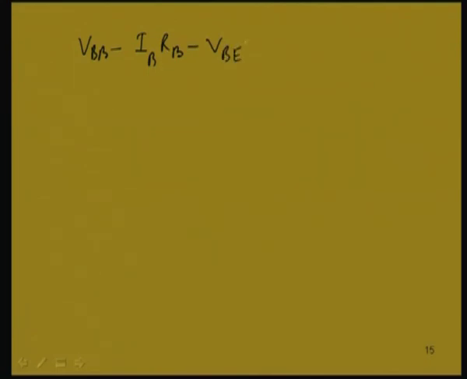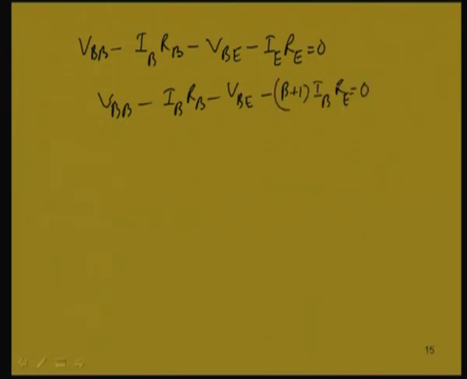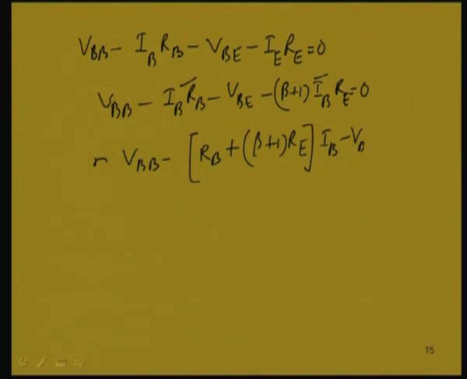You must not forget this drop in the transistor when it is on. Minus IE RE equal to 0. Replacing IE by beta plus 1 IB, it will be VBB minus, taking common IB, RB plus beta plus 1 into RE, whole thing multiplied by IB, minus VBE is equal to 0.